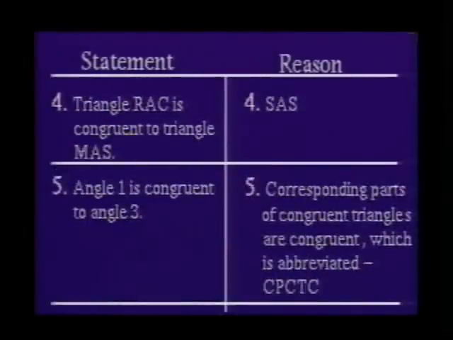Statement number 4. Triangle RAC is congruent to triangle MAS. The reason, side, angle, side. Statement number 5. Angle 1 is congruent to angle 3. The reason, corresponding parts of congruent triangles are congruent. This is abbreviated CPCTC. We have reached the desired conclusion and our proof is now complete.